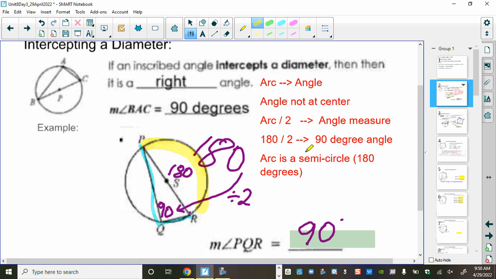Now, just to make sure, let's say I gave you an angle measure. What do we do to get to the arc? Do we divide or multiply by 2? If we're going from angle to arc, then you multiply by 2. So arc to angle, divide by 2. If it's angle to arc, I'm just going to put this on the side right here.